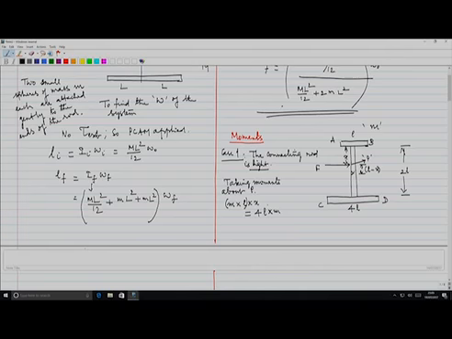Similarly, due to this rod CD, it is 4Lm into the distance. This distance would be 2L minus x. So this implies x is equal to 8L by 5, which is 1.6L.